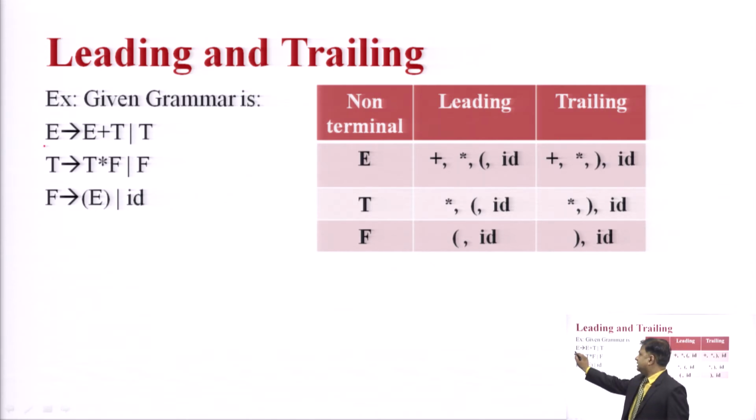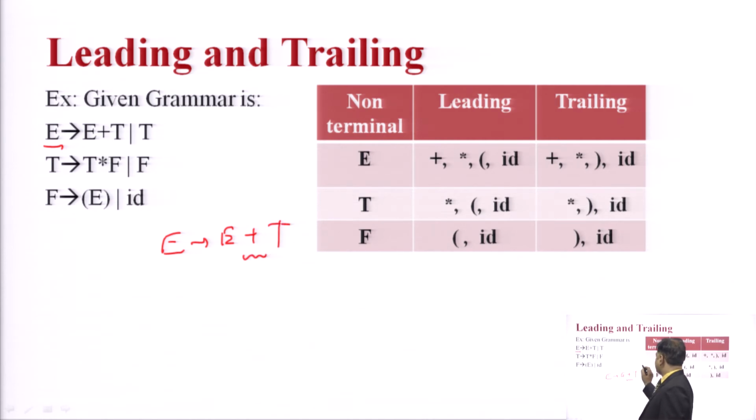Suppose E, this production is E drives E plus T, then what is the first terminal symbol from the back? Trail, trail means पीछे से. So, what I see here is that E drives E plus T. तो पीछे से फर्स्ट सिंबल कौन सा हो सकता है, terminal symbol, that is the plus, पीछे से, that is the first terminal symbol. So, this plus sign will be in the trailing of E.